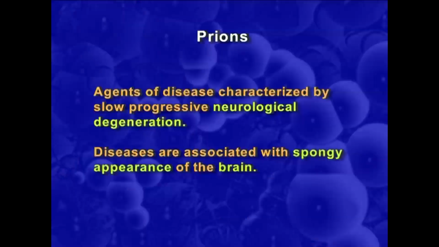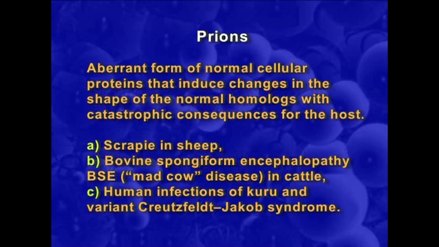The final subviral agent, the threat of the day, is the prions. Prions are famous for causing mad cow disease. They cause slow, progressive neurological degeneration, and they can affect a wide range of hosts, from scrapie in sheep to mad cow disease in cattle and human infections like kuru.